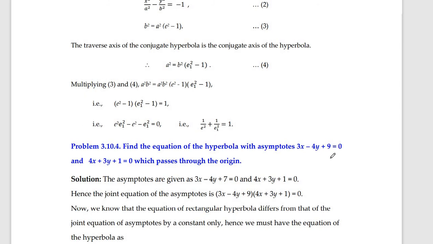Next is: find the equation of the hyperbola with given asymptotes which passes through the origin. So the asymptotes are given, the hyperbola is to be determined.